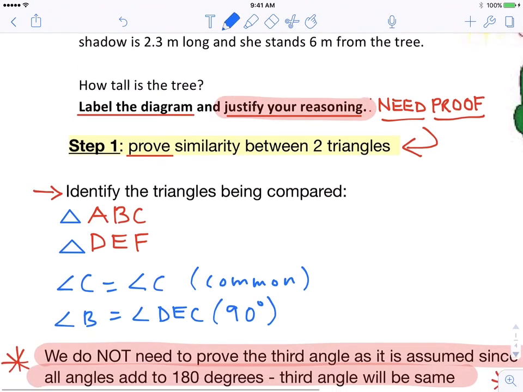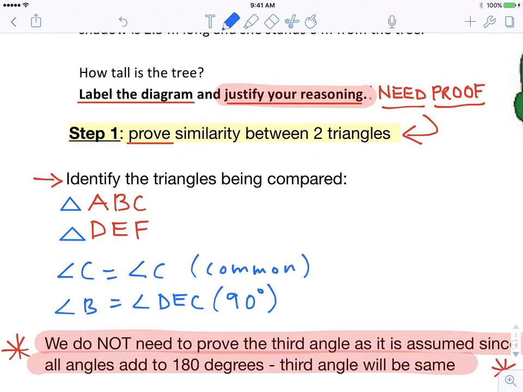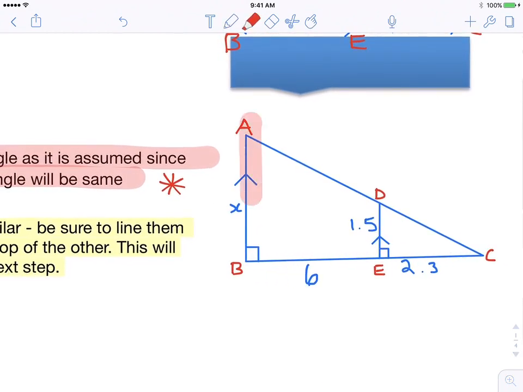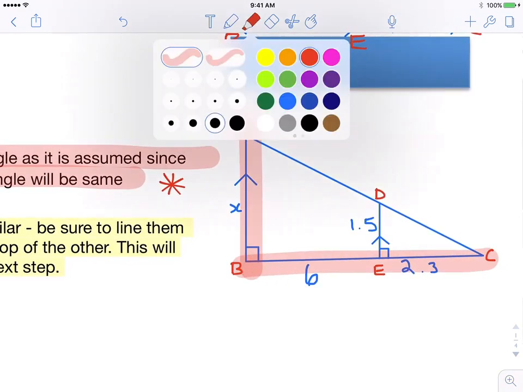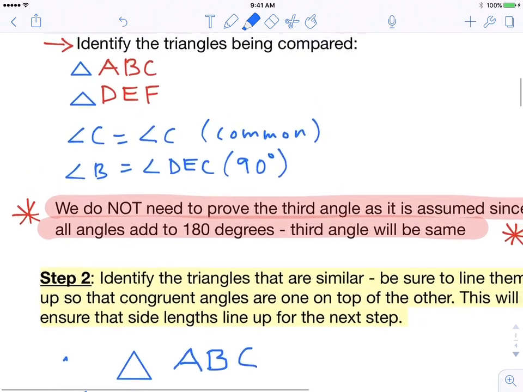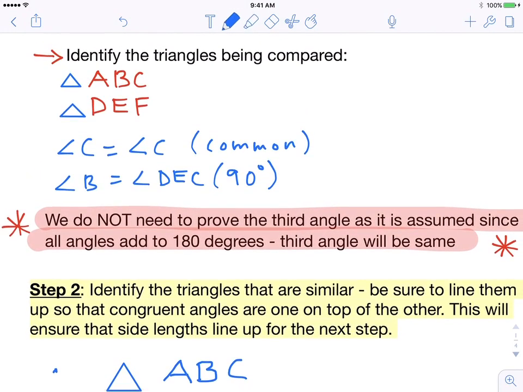If I'm going to justify my reasoning, I'm going to first identify the triangles that are being compared. I've labeled them A, B, C, as you'll see here, and then I labeled the smaller one D, E, C. I think I made a little mistake here and just noticed quickly.